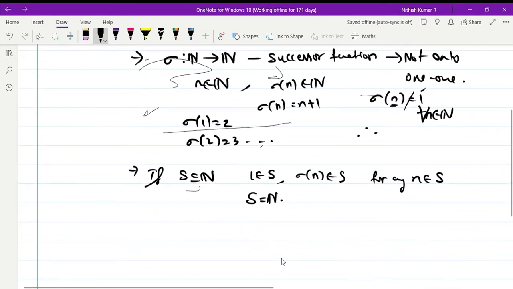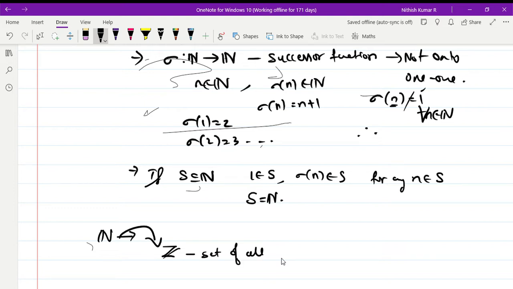Now from this set of all natural numbers, we are moving to the next set, that is nothing but Z. We call this the set of all integers, that is 0, plus or minus 1, plus or minus 2, and so on.